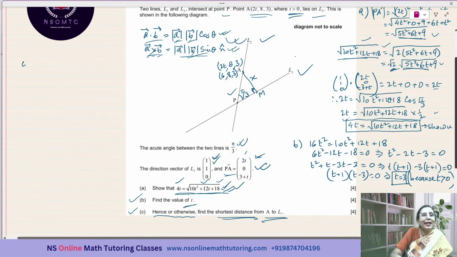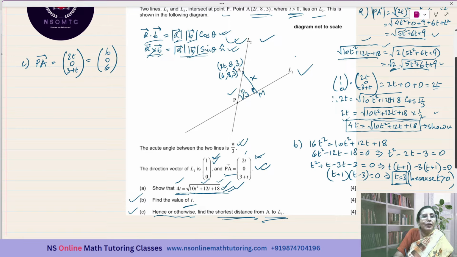So subpart C, PA vector is equal to 2t, 0 and 3 plus t. And t value is 3. So this is equal to 6, 0 and 6. Okay. So what is the magnitude of this PA vector?